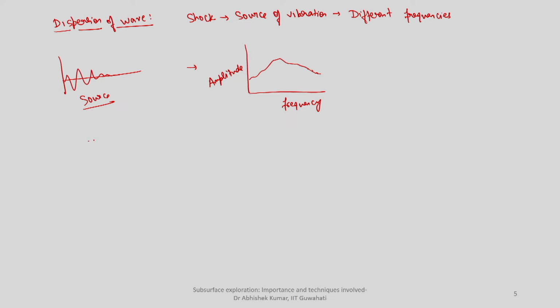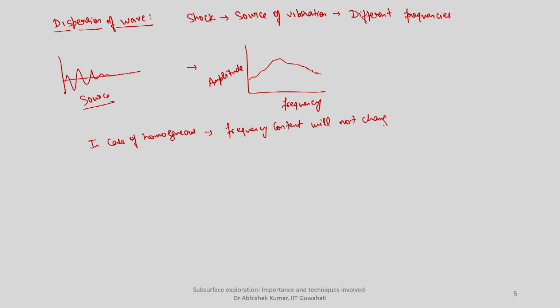In case of a homogeneous medium, where the medium characteristics are not changing throughout the volume of the subsurface material, what will happen? The frequency content will not change.